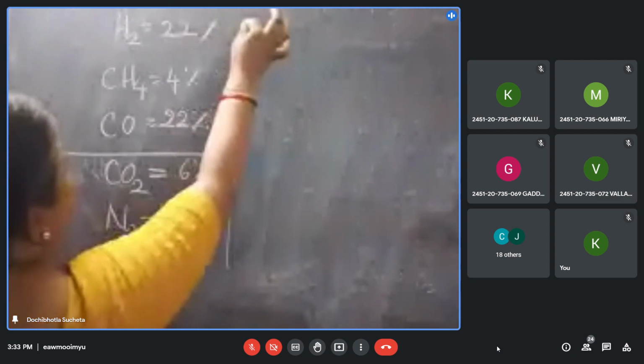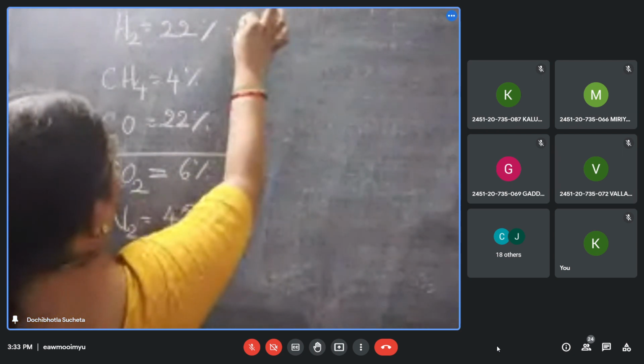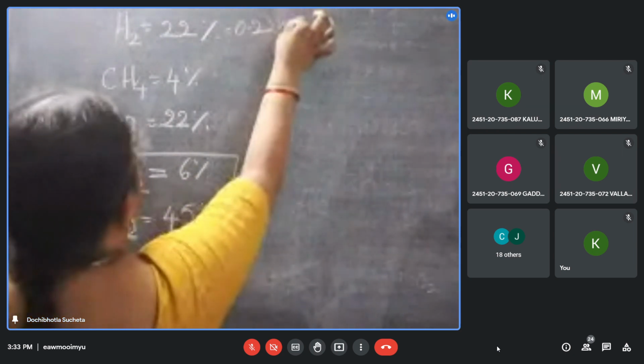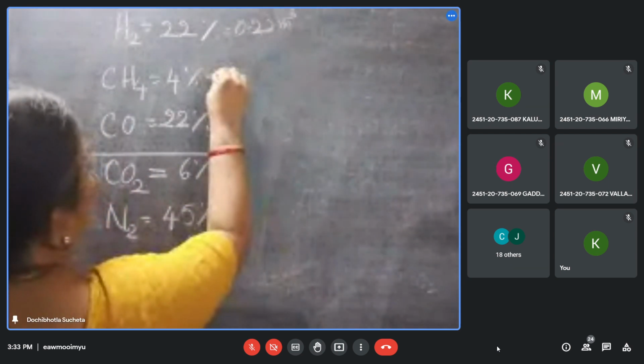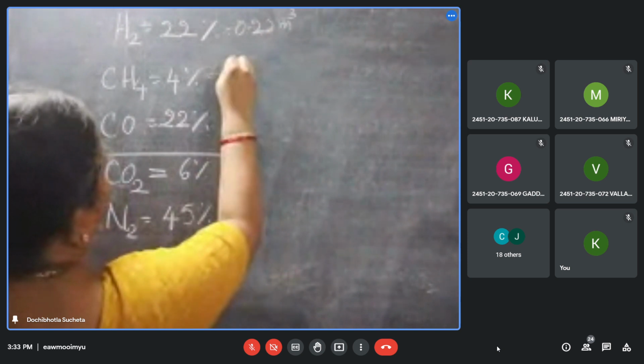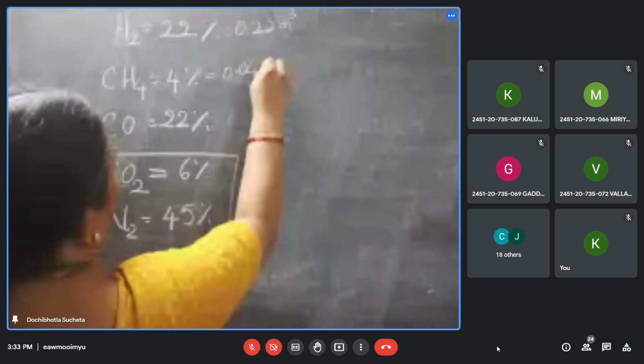Take 0.22 meter cube of H2 and calculate the amount of oxygen. For methane, calculate for 0.04 meter cube.